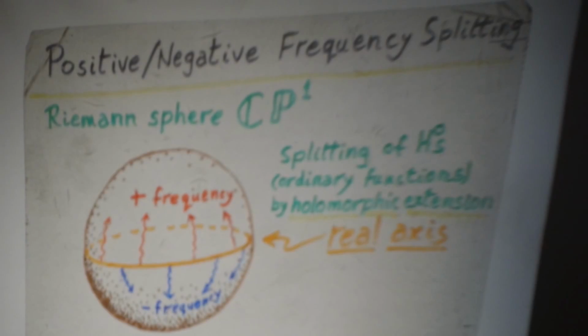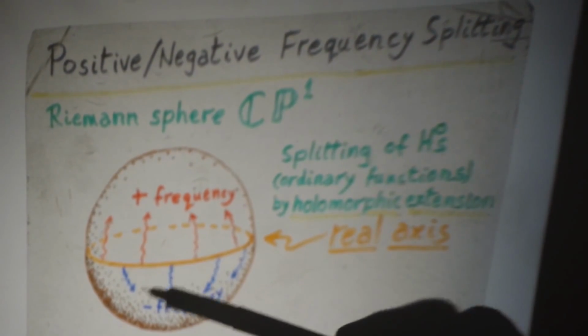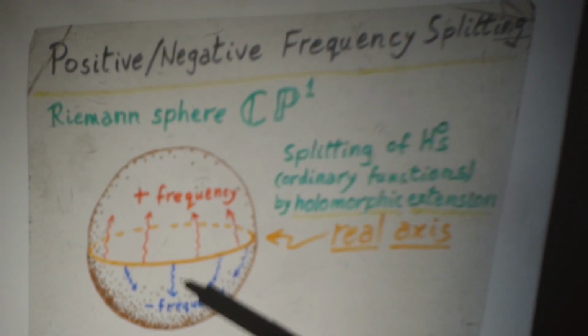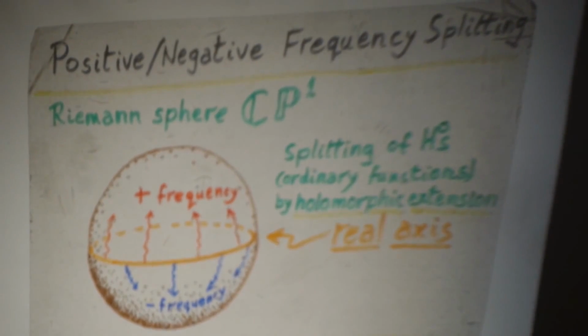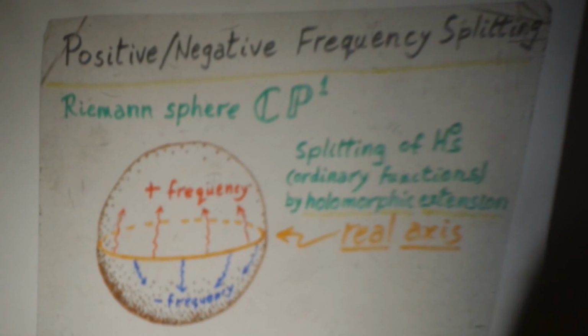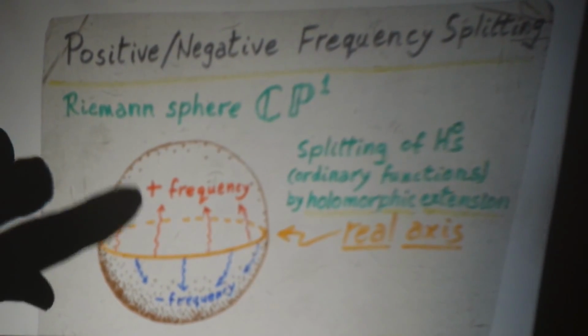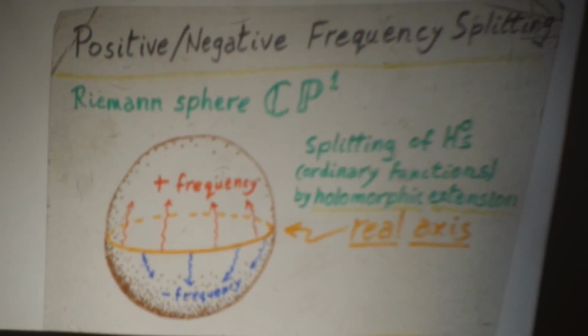You extend it holomorphically into the top half. Part of it goes holomorphically into the top half, the other part holomorphically into the bottom half. And this is the splitting of the thing into positive and negative frequencies. I think the convention is this is negative frequency, that's positive frequency.